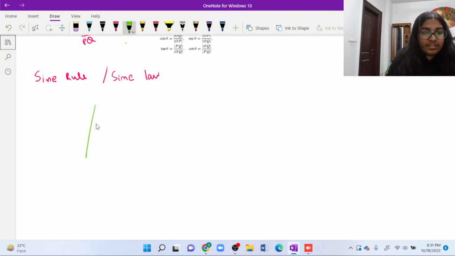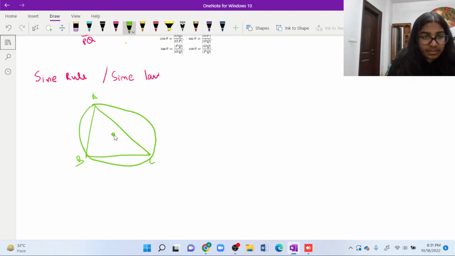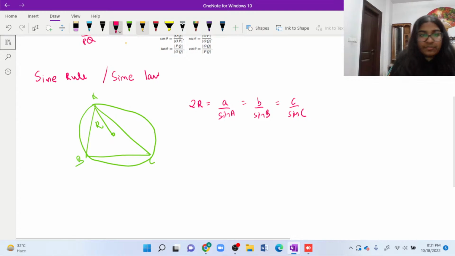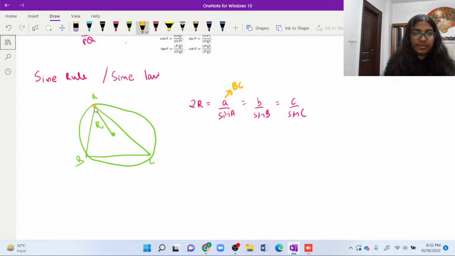It says that in a triangle ABC, with circumradius R, 2R equals a by sine A equals b by sine B equals c by sine C, where small a denotes the side BC, which is the side corresponding to the vertex A, and sine A denotes the angle A.